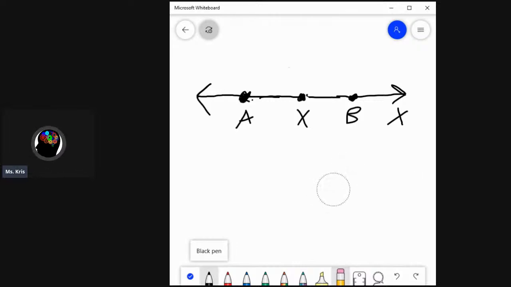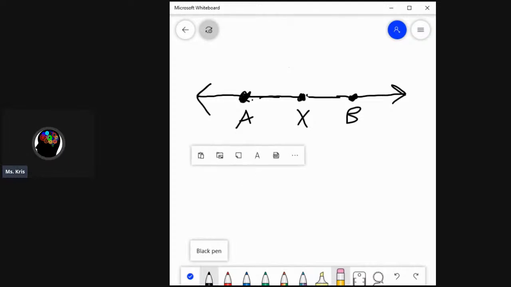Collinear simply means these points are on the same line. They are all on the same line. So if it's on the same line, then it's collinear.